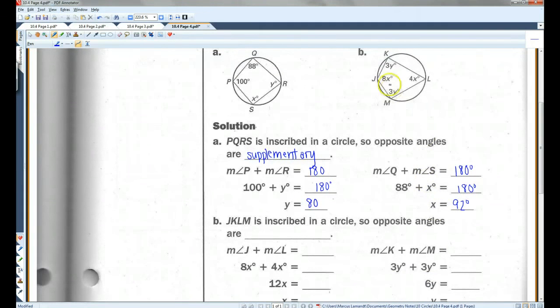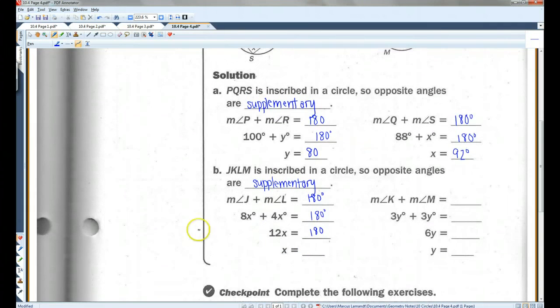Alright, same thing over here. These angles are also supplementary, the ones that are opposite. Angle J and L add up to 180 degrees. 8x plus 4x equals 180. So 12x equals 180. If I divide both sides by 12, let's do that over here.